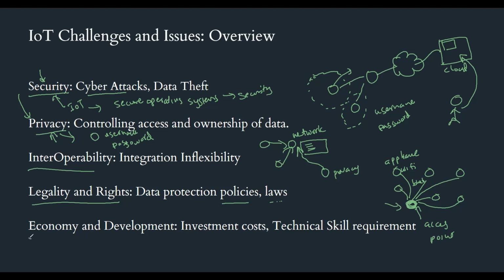After that, the economy and development of IoT networks is also a challenge. What I mean by economy and development is that the cost of maintaining an IoT system is considerably high in situations where we have massive IoT networks. Once we have maybe 2, 3 sensors, it is easy to deploy that network.